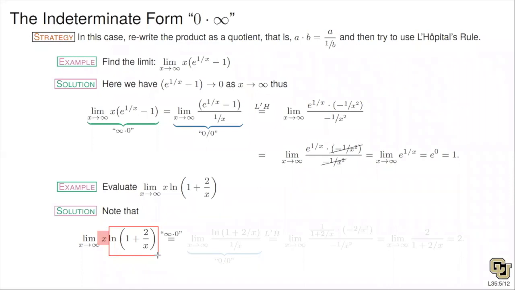But if I divide by 1 over ln of 1 plus 2 over x, that's a mess. Taking the derivative of that is a real mess. I would much rather divide by 1 over x, because that's easier to differentiate. So I take the reciprocal of x, which is 1 over x, and divide by the reciprocal. And you remember, if you multiply top and bottom by x, you'll get back to where you started.